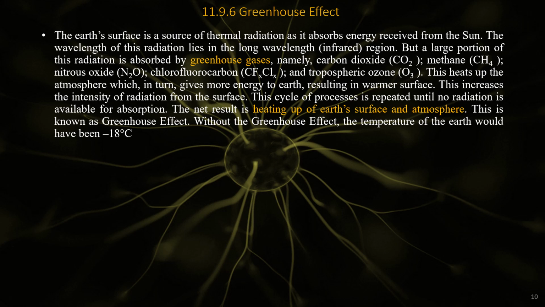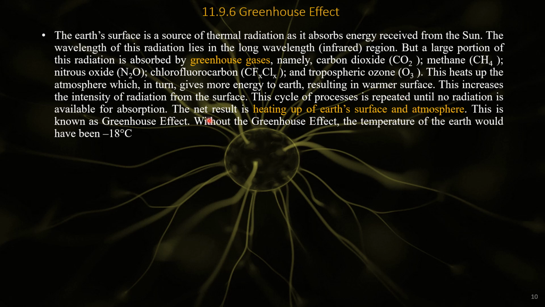We have greenhouse gases, namely carbon dioxide, methane, nitrous oxide, chlorofluorocarbon, and tropospheric ozone. These are the layers in our atmosphere which absorb radiation energy, and these are called greenhouse gases. This heats up the atmosphere, which in turn gives more energy to the earth, resulting in a warmer surface.